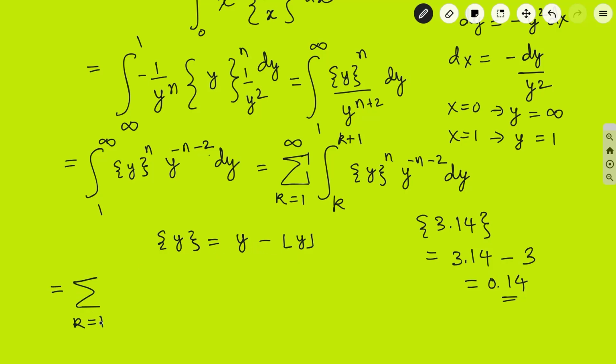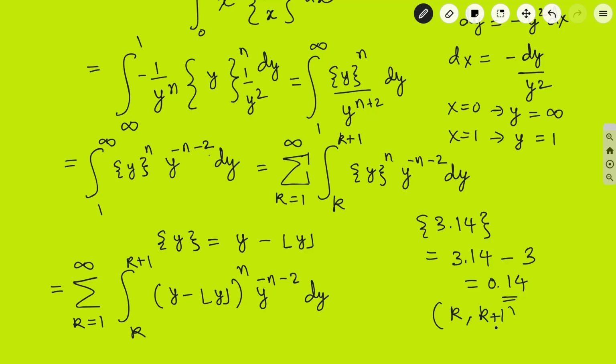Using this, we get the summation k from 1 to infinite, integral from k to k plus 1, of y minus the integer part of y, raised to n, y raised to minus n minus 2 dy. Now if you look at this domain k to k plus 1, for any number that lies here, the integer part will be k.